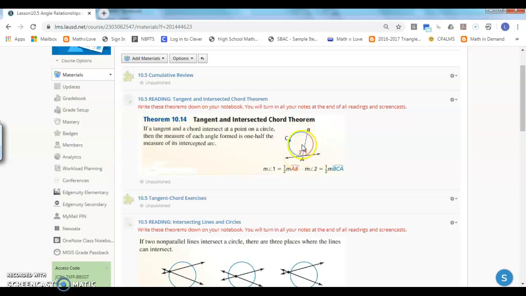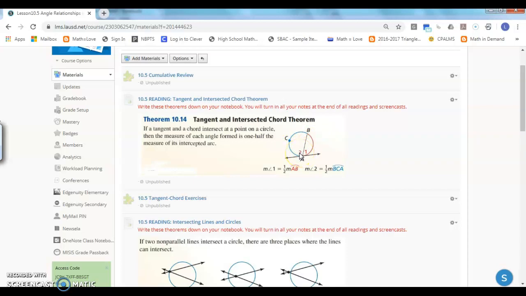There's a difference between these two angles. On the red portion, the intercepted arc is a minor arc, while on the blue portion, the intercepted arc is a major arc. So when you get half of the measures of those two arcs, the values for the measure of angle 1 and angle 2 would be different.